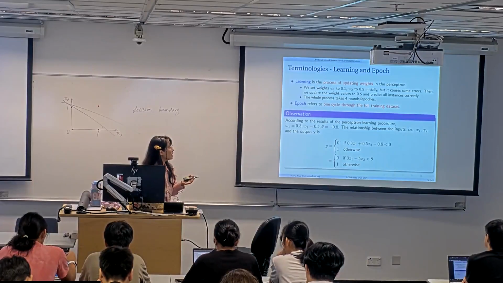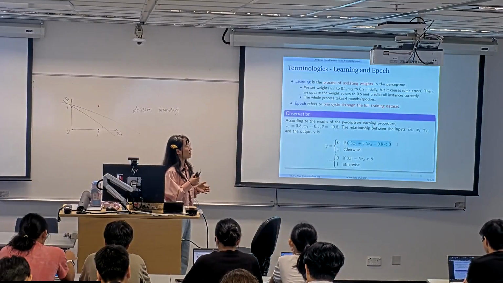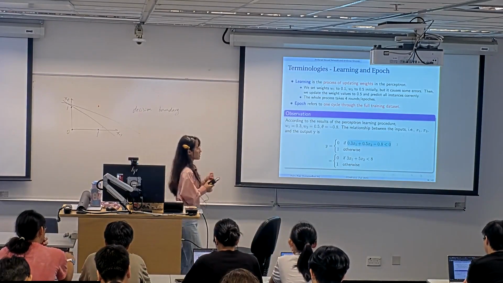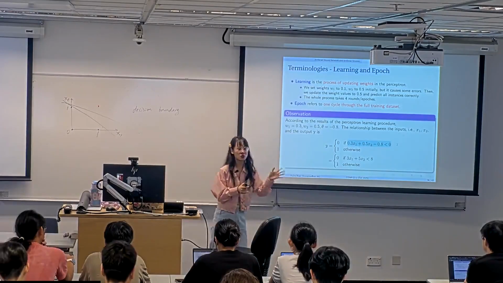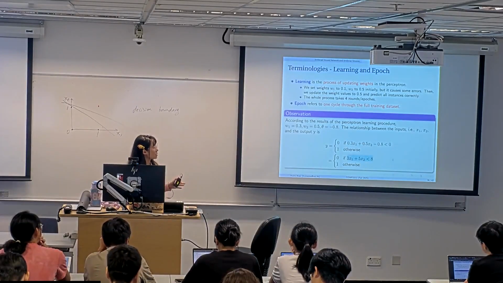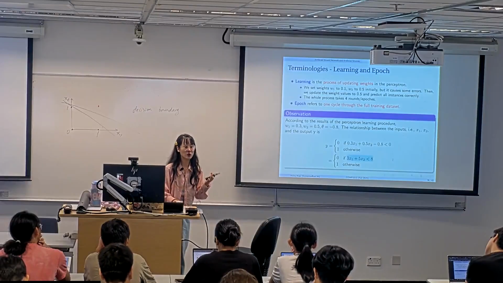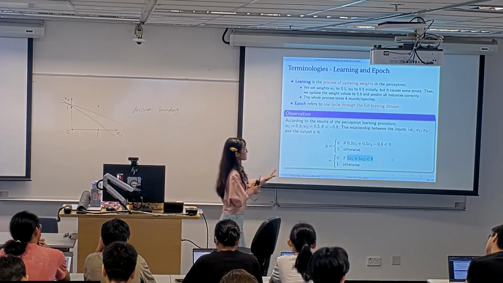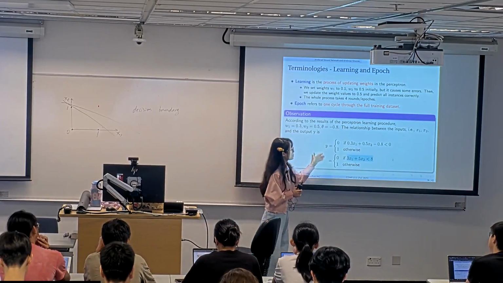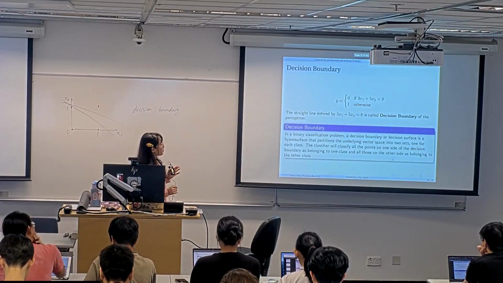That is, if 0.3x1 plus 0.5x2 minus 0.8 is smaller than 0, then the output should be 0, otherwise it's 1. We can try to rewrite it this way. If 3x1 plus 5x2 is smaller than 8, then y is 0. Otherwise, it's 1. This is a straight line to separate the output into 0 and 1. And this is what we call the decision boundary.